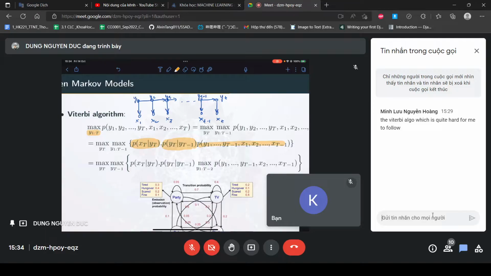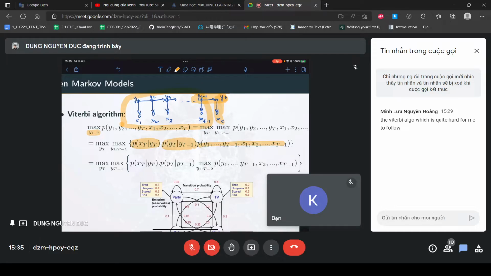So if you calculate the joint probability of the whole network, then according to the theory of hidden Markov models that we mentioned earlier, the assumption, that joint probability equals the probability of observing xt given yt, multiplied with the probability of transition from y(t-1) to yt, and multiplied with the joint probability of the whole thing here, right?